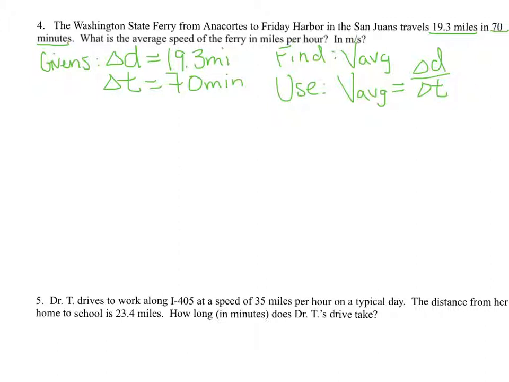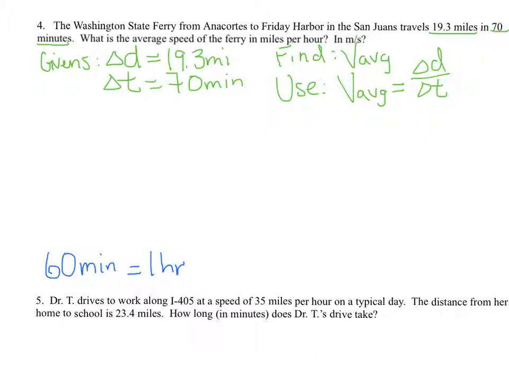If I look at my givens, right now I have miles, that's great. But right here for time, I have minutes. I want my answer to be in hours. So I need to convert that 70 minutes into hours. I know that there are 60 minutes in 1 hour.